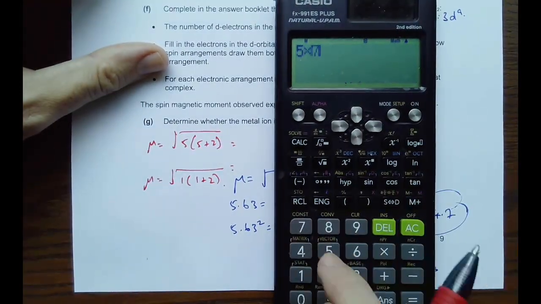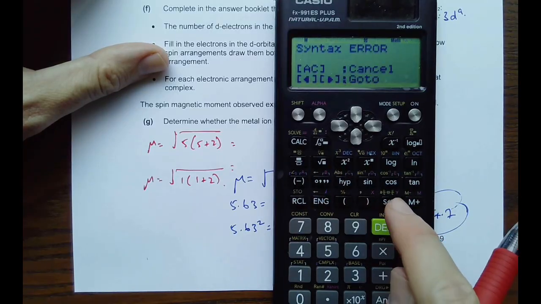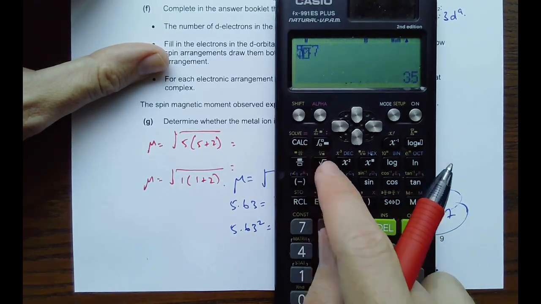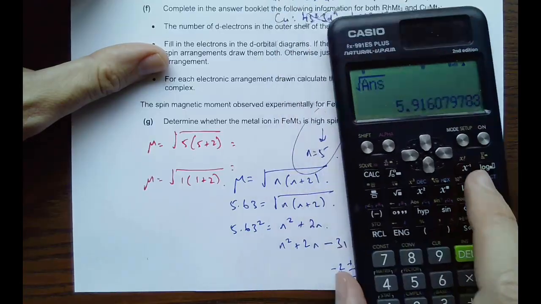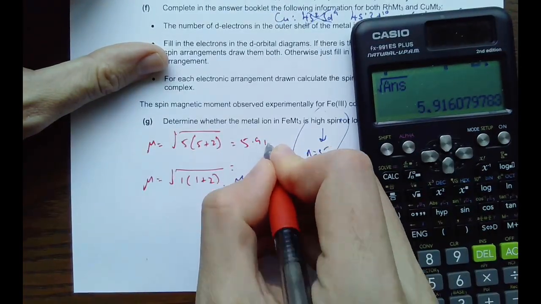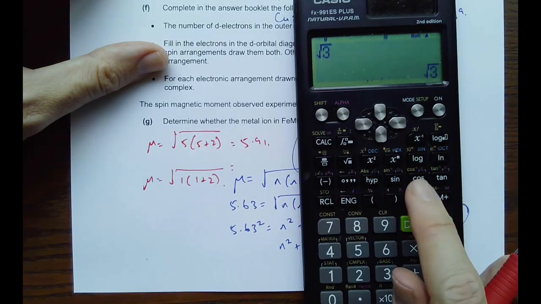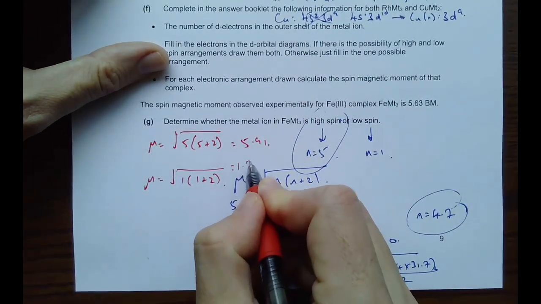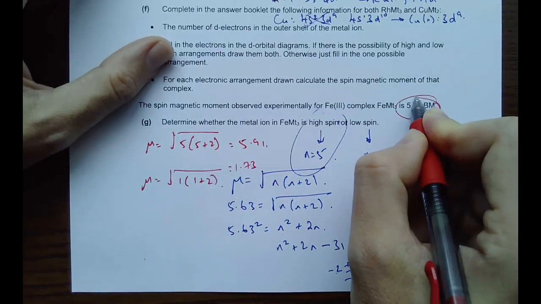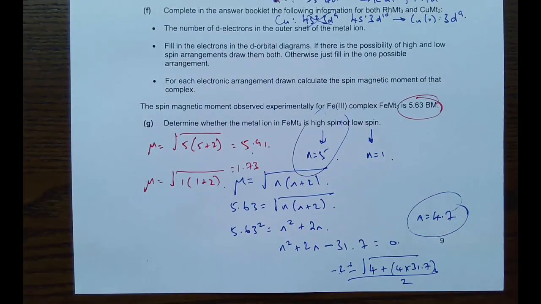So 5 times 7, square root, gives me 5.91, or again root 3, 1.73. Whereas my answer is 5.63, so it's going to be much closer to this one.